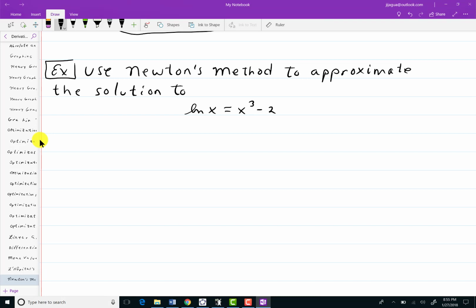Well, what you want to do is, that's not the phrasing you want. You want to take it all to one side and instead we're going to solve ln x minus x cubed plus 2 equal to 0.